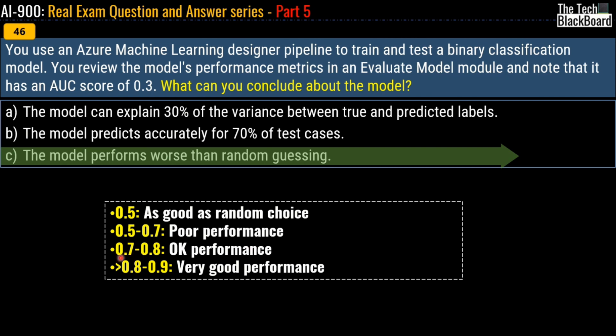A score between 0.7 and 0.8 reflects okay performance. And finally, a score between 0.8 and 0.9 represents very good performance. I strongly recommend that you take a screenshot of this scale so that you can use it whenever you are sitting in the exam. I don't mean that you copy this scale in the exam, but I want you to learn this scale.